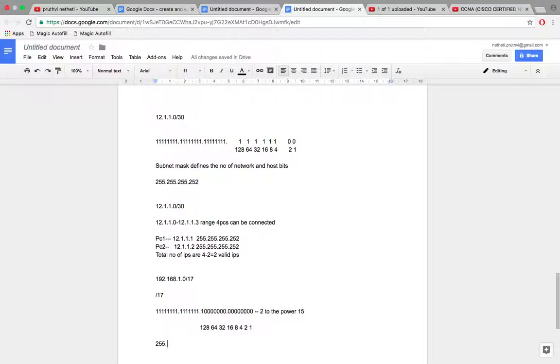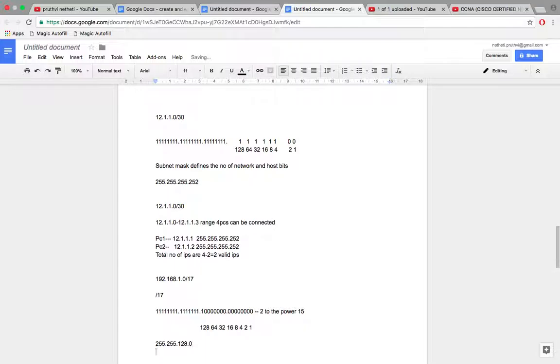First 8 bits are filled, so 255. Next 8 bits are filled, another 255. Here, only one bit is filled. The first bit value is 128. So 255.255.128. And the next octet is 0.